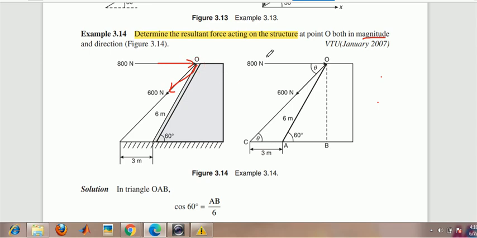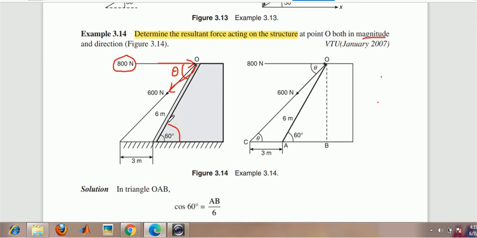But the thing is, there is no problem for this horizontal force. It is in the horizontal direction, but we need to find out the inclination of this inclined force. So what is the theta value with respect to the x-axis, that we need to determine. That inclination is not given here. Whatever the 60 degree we are observing, this is not the inclination of the force.